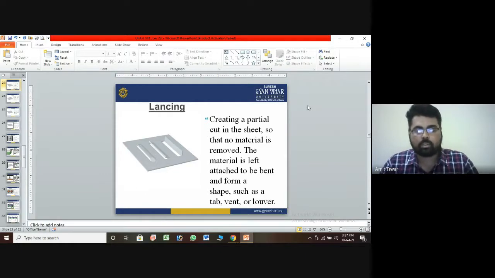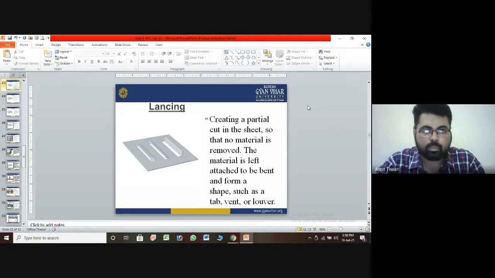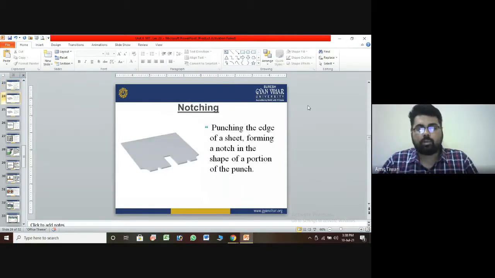You can find that this type of diagram or face will be fabricated by the lancing operation. Lancing is a very common type of operation used in machining. So these are some types. These are the various types of tab, vent, or louver shapes we provide with the help of sheet metal processing.